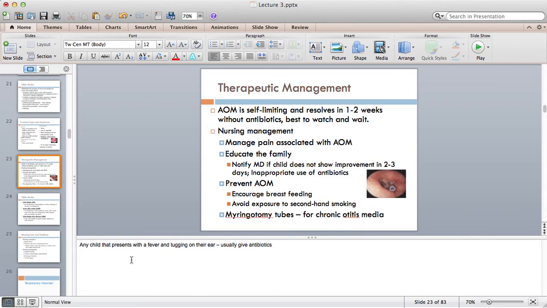The child presents with a fever, and you look at the eardrum and it is red. They'll treat the symptoms. They'll treat the fever, they'll treat the discomfort, and they just watch and wait.